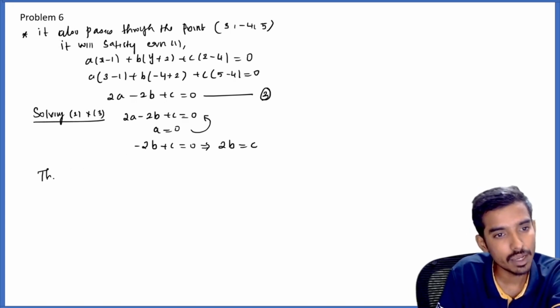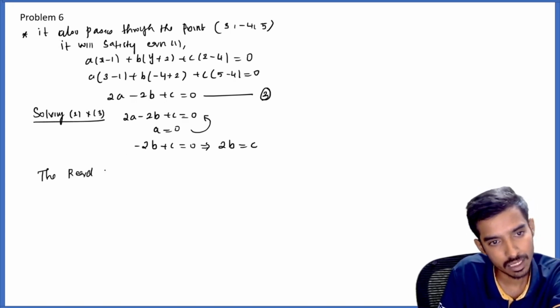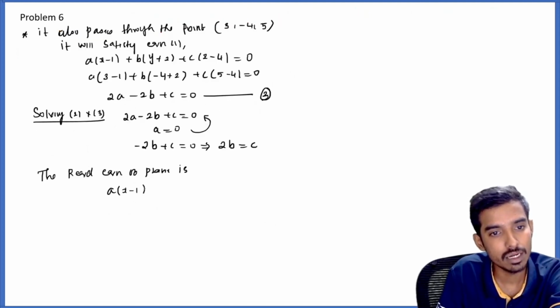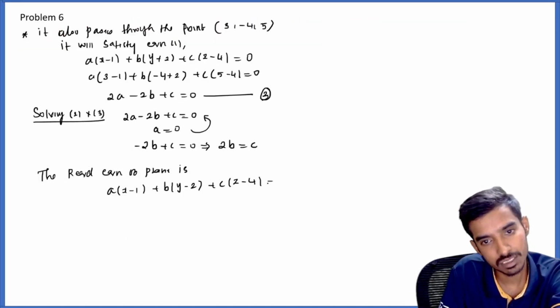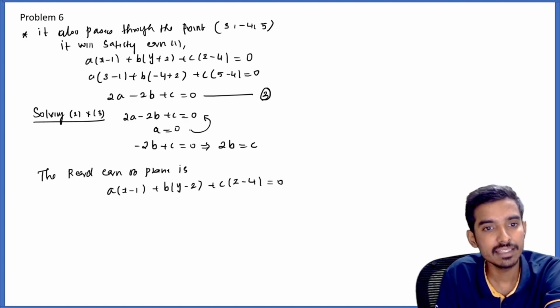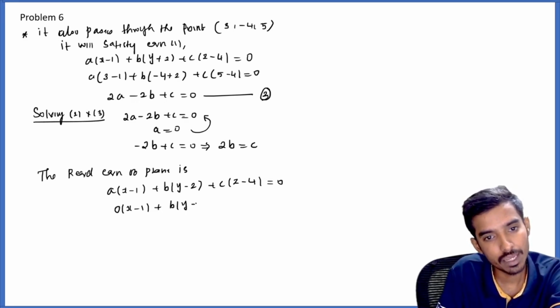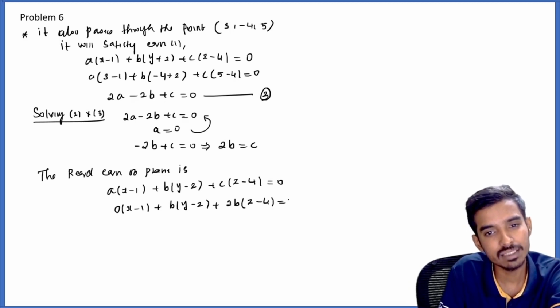Therefore, the required plane is a into x minus 1 plus b into y plus 2 plus c into z minus 4 is equal to 0. We know a is 0, so we have 0 into x minus 1, b into y plus 2, and we know c is 2b. Actually, we need to eliminate a, b, c, that's it.